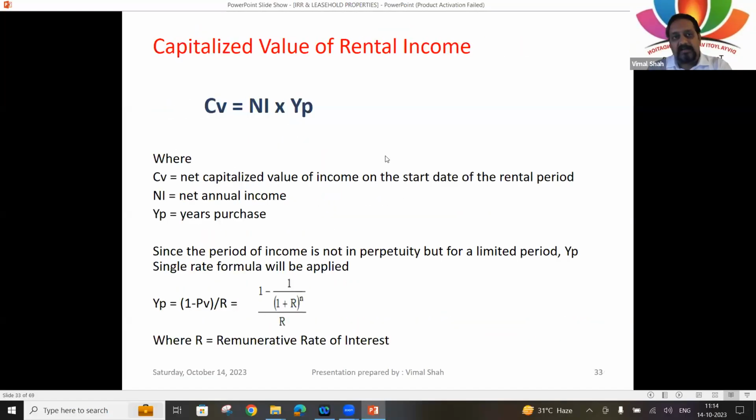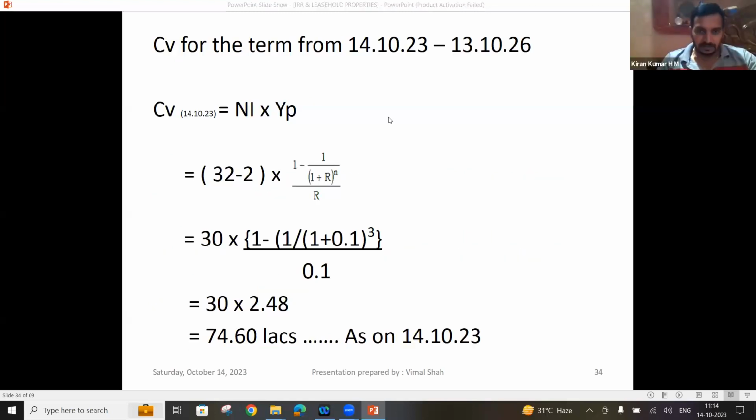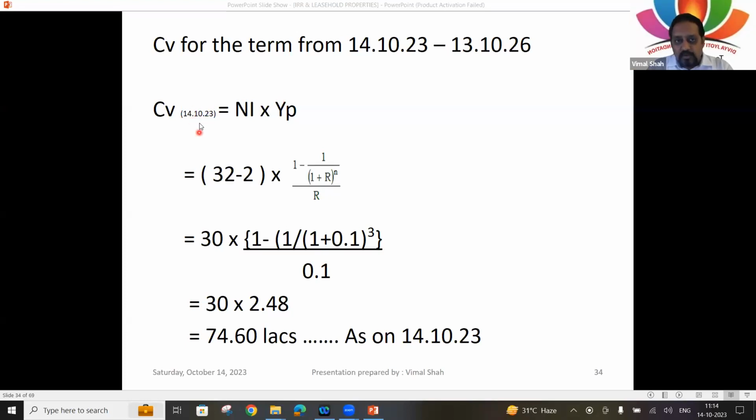Sir, whatever CV value you are getting, on what date is it? The start date of the rental period. So if you are getting it on 14/10/23, today's date, it is already at the present date, so why would you bring it to present value, Kiran? No, sir. Okay, it's already on the present date.